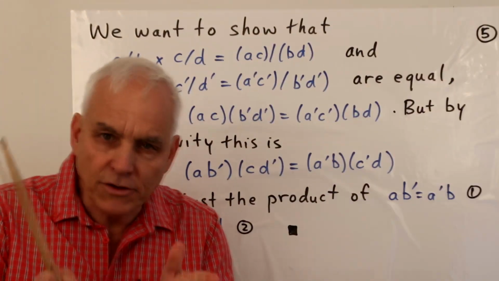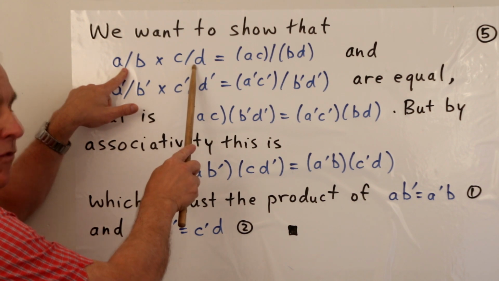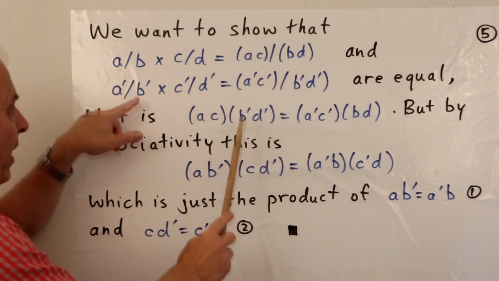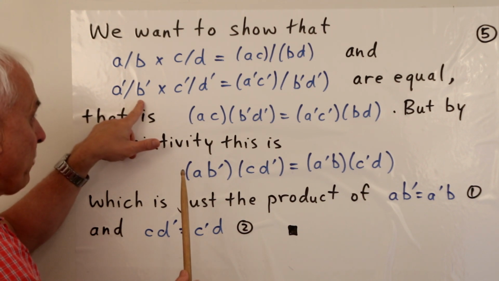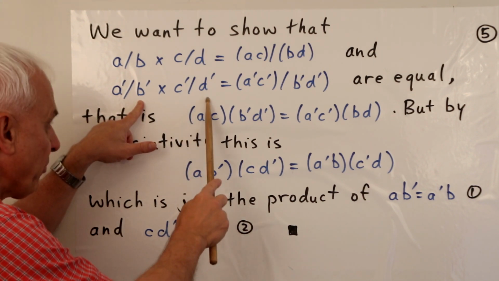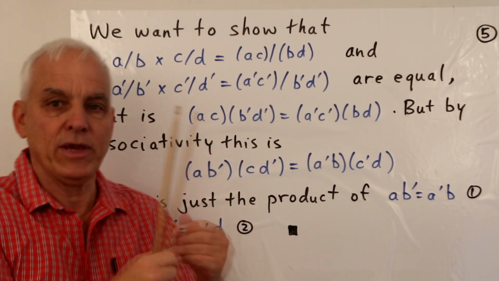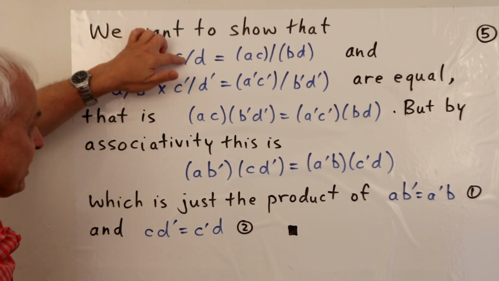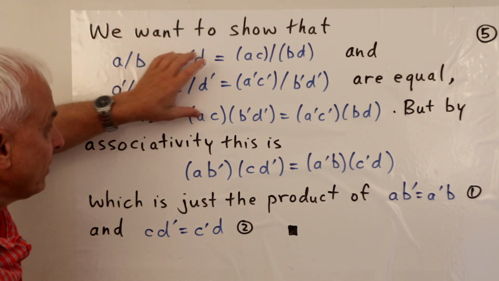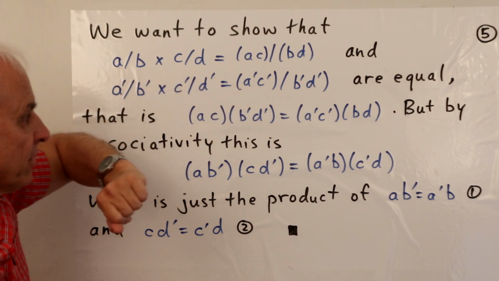So now what we want to do is show that if we take the product of a over b and c over d, we get something. And we compare it to what we get when we take the product of a prime over b prime and c prime over d prime, that these two results are also equal. So this fraction is the same as that fraction, this fraction is the same as that fraction, so we want the result of this product to be the same as the result of this product.